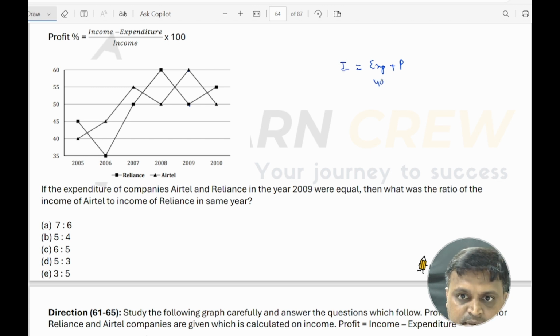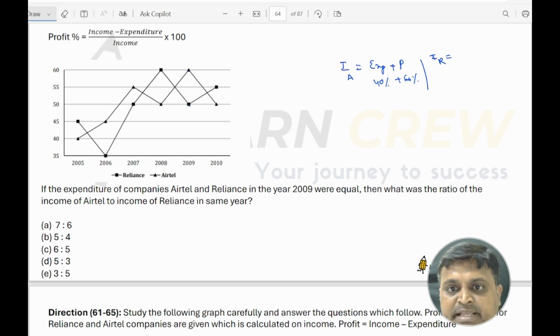Right? 40% is for Airtel, and the profit is 60%. And what else is given for Reliance? For Reliance, profit is 50%, which means expenditure is also 50%.